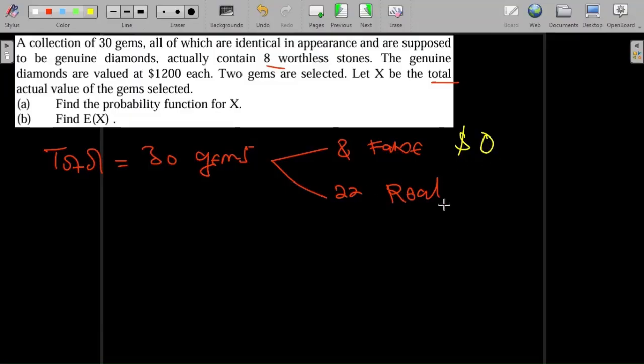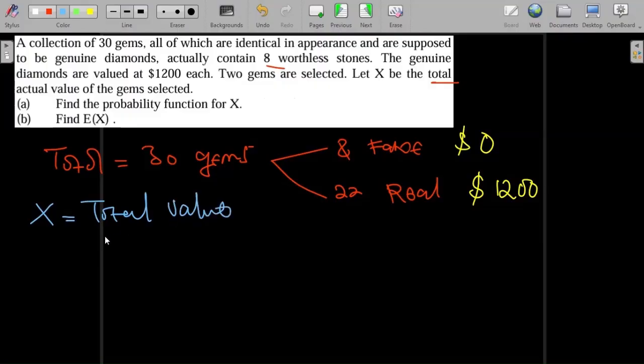And if it's real, the value it is going to have will just be 1,200 dollars. So this is the situation that we have. And then we are being told that out of these 30 gems, 2 are selected, and X is equal to the total value of the 2 gems selected.